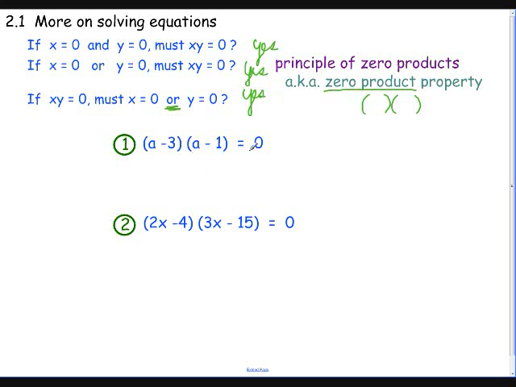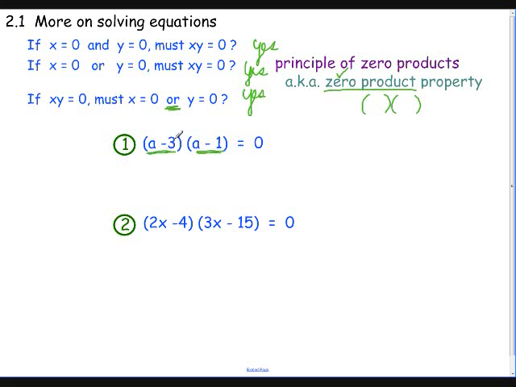Okay, so here we have, remember I said the name will help us out, we have the 0. This is where the 0 needs to be. On one side of your equation you have a 0. On the other side of your equation you have a product, two things being multiplied together. That's true here. Here's one factor and here's the other.